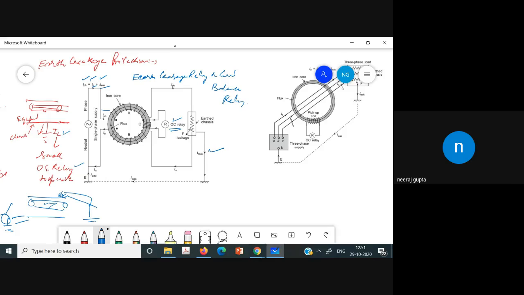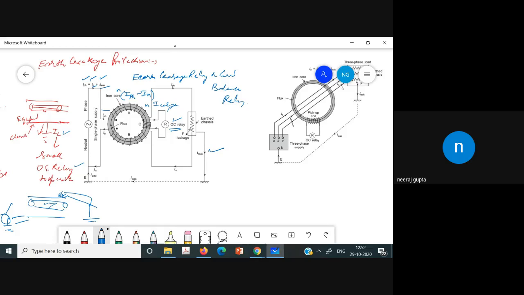Now, the MMF acting on this toroidal core in that case would be equal to (I phase minus I neutral) into N, that is, N into I leakage.